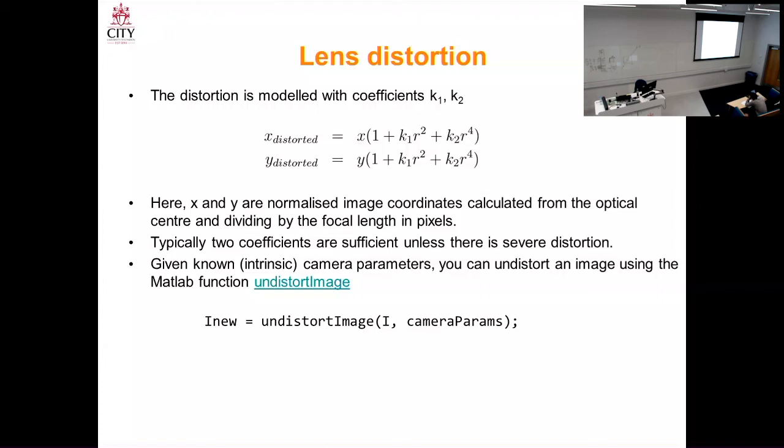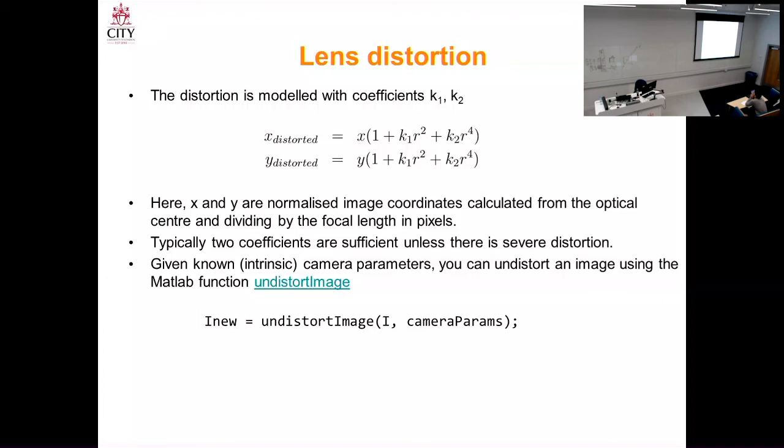If you have radial distortion, then as you move farther away from the center, there's more distortion. Depending on what type of distortion you have, you might be moving further away from the center or closer to the center.